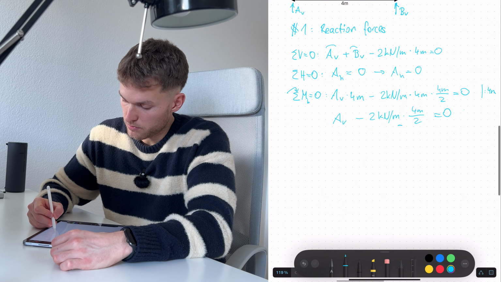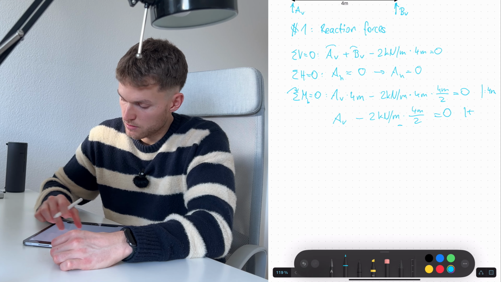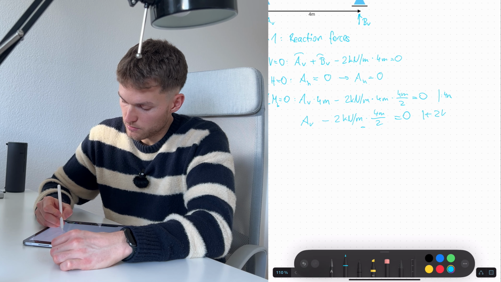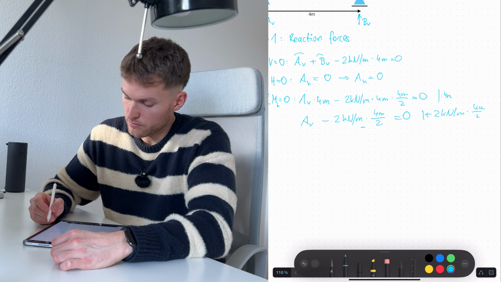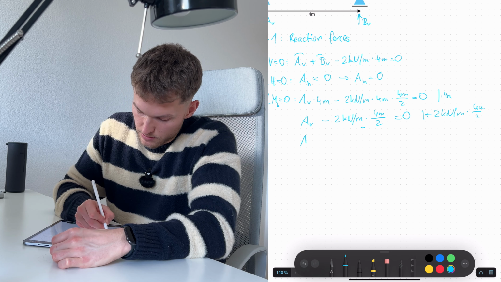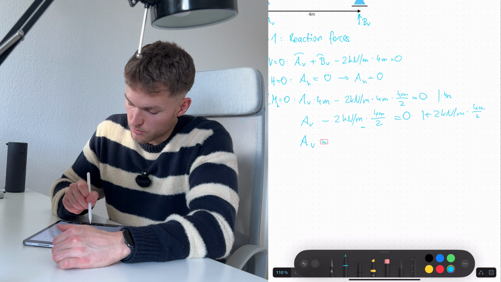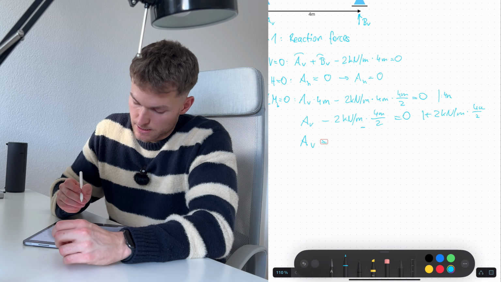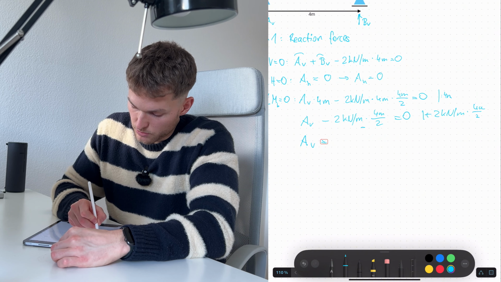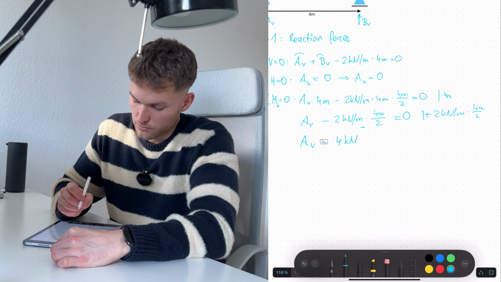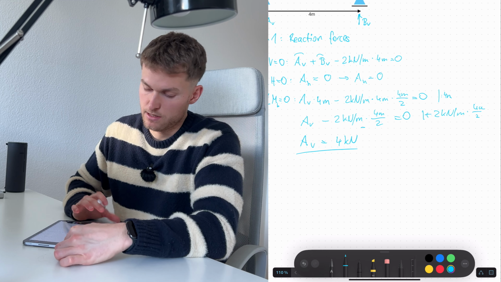Now we say plus 2 kilonewton per meter times 4 meter divided by 2. And we can solve AV, and that equals 2 kilonewton per meter times 4 meters. That is 8. So then we have 4 kilonewton for AV.